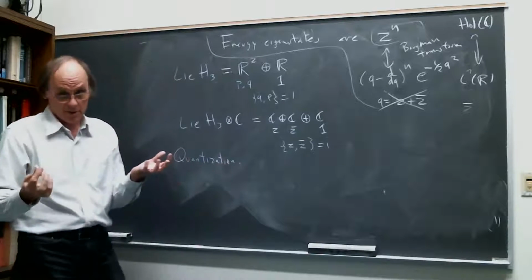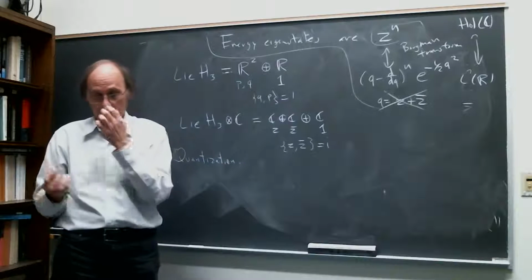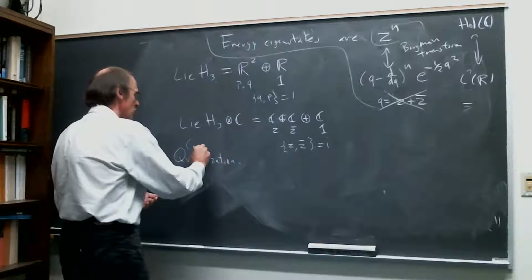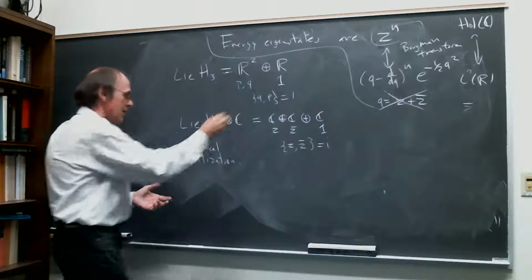It's basically the same story as in the Q and P. It's still a canonical quantization, except complexified.